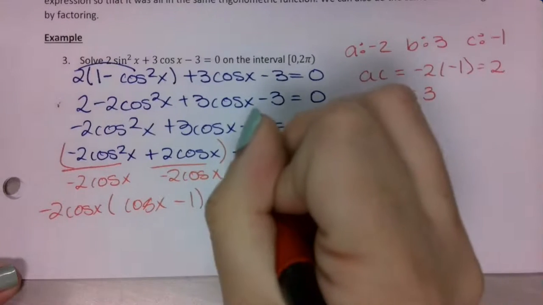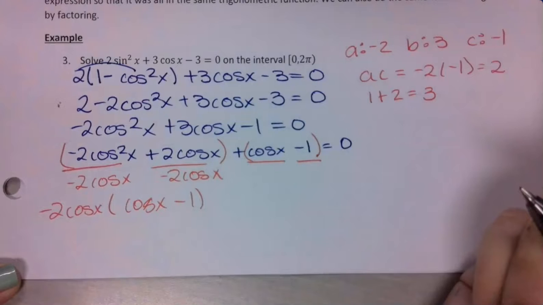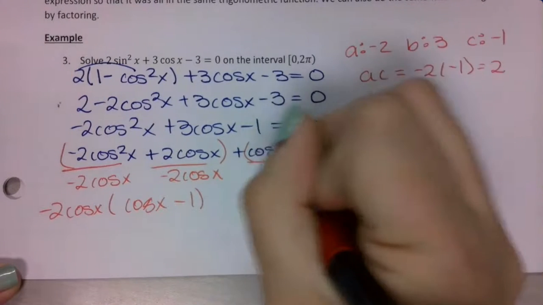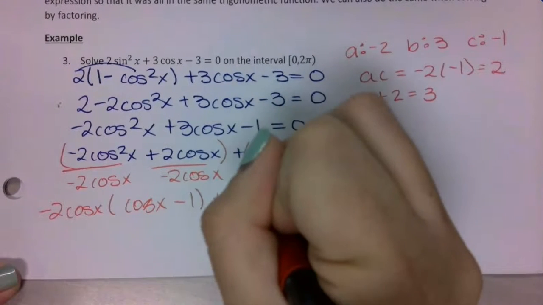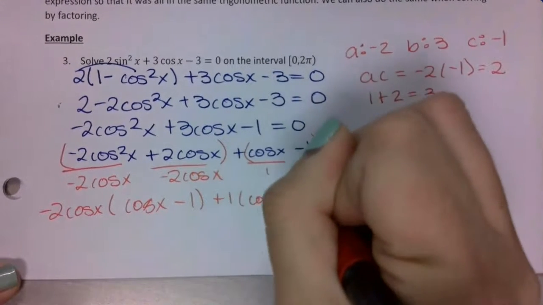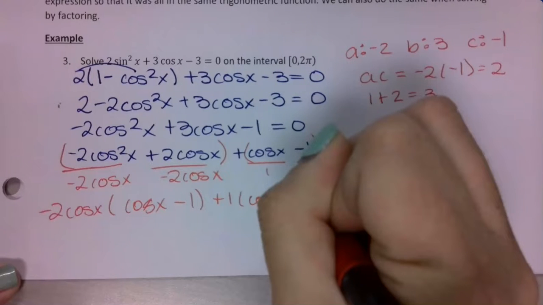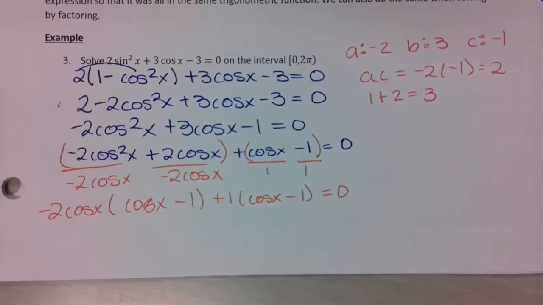And then in my second group, what can I take out? Just the 1. And then I have cosine minus 1. It still equals 0.